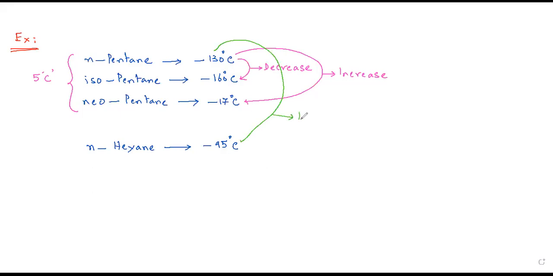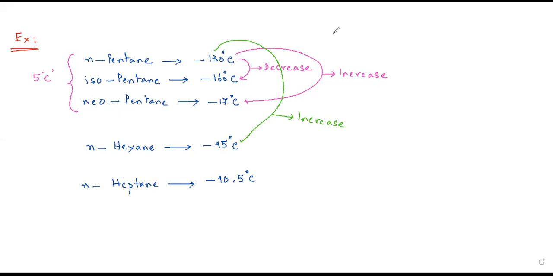Even the melting point is also increased. Then go for N-heptane. See, in case of N-heptane, it is just minus 90.5 degrees centigrade.